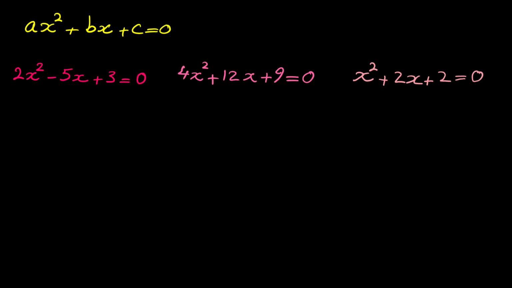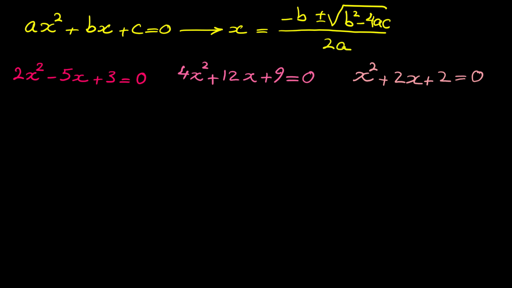In this video, we want to learn how we can use the quadratic formula for solving quadratic equations. Consider this general quadratic equation ax^2 + bx + c = 0. We can solve this equation and find x by this formula, which is famous as the quadratic formula: x is negative b plus or minus the square root of b^2 minus 4ac, all over 2a.